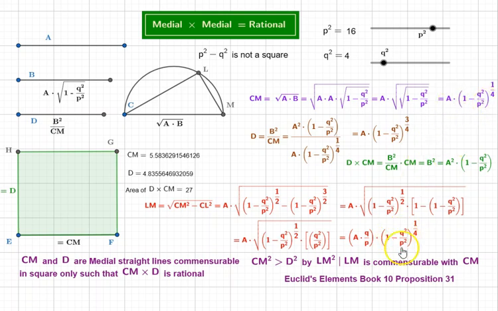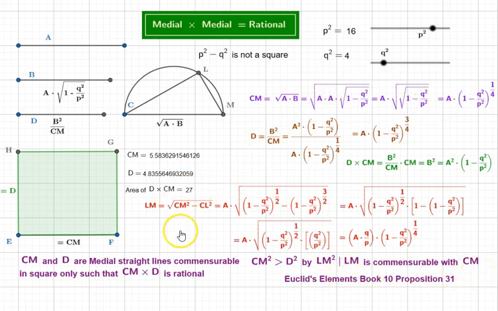Because here also you have 1 minus Q square by P square to the power of 1 by 4. Here also you have that. So it is a Q by P multiple of CM. That means they are commensurable. So we have shown, or rather, we have found two straight lines, CM and D, such that CM square is greater than D square by LM square, where LM is commensurable with CM.